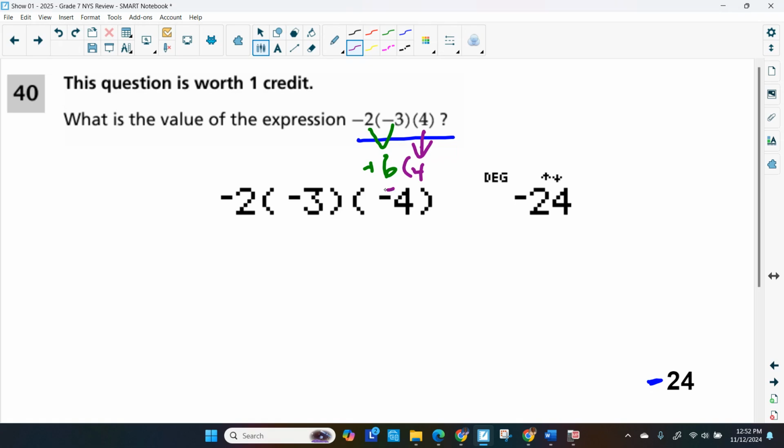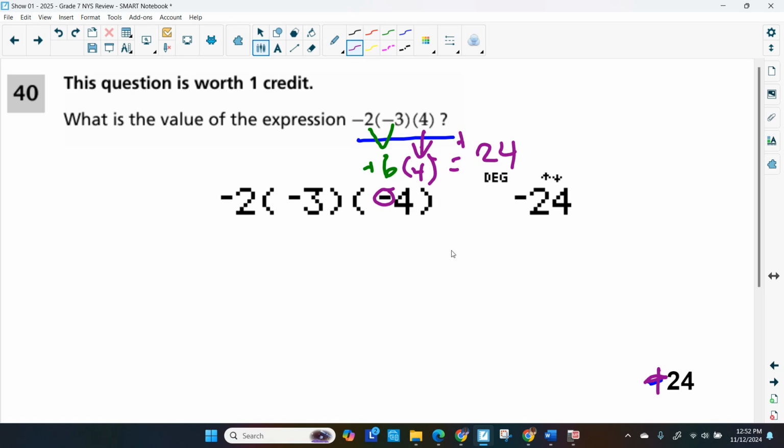Oh, I see what I did wrong. I put negative 4. That was a positive 4. So I see what I did wrong. And 6 times 4 is 24, same signs as positive. So sorry, Dr. Rob, it's positive 24.